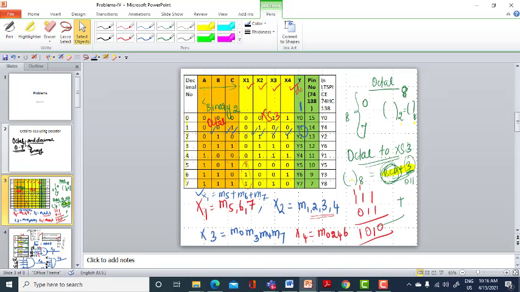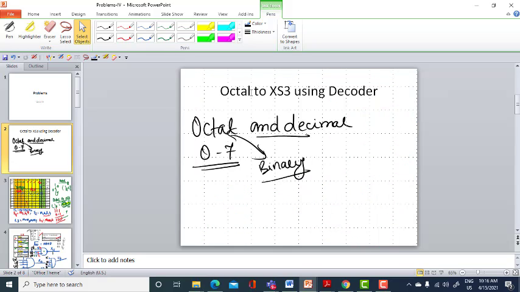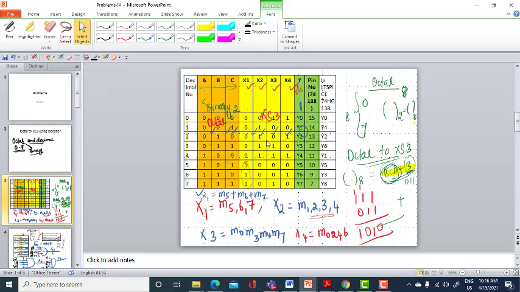I repeat, we are going to do octal to XS3 conversion. So octal is 0 to 7. Octal and its equivalent binary will be the same from 0 to 7 of your decimal. So here I have written 0 0 0, 0 0 1, up to 1 1 1, everything I have written here.